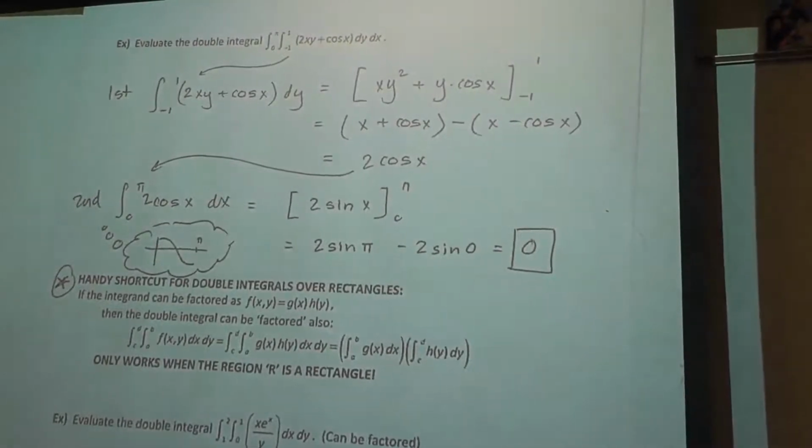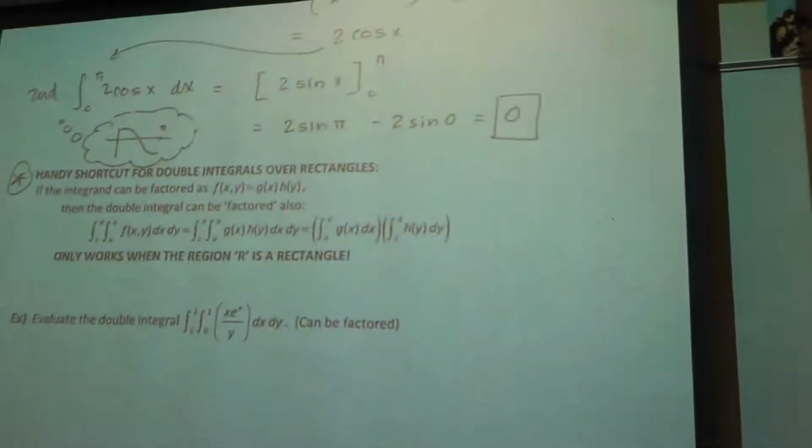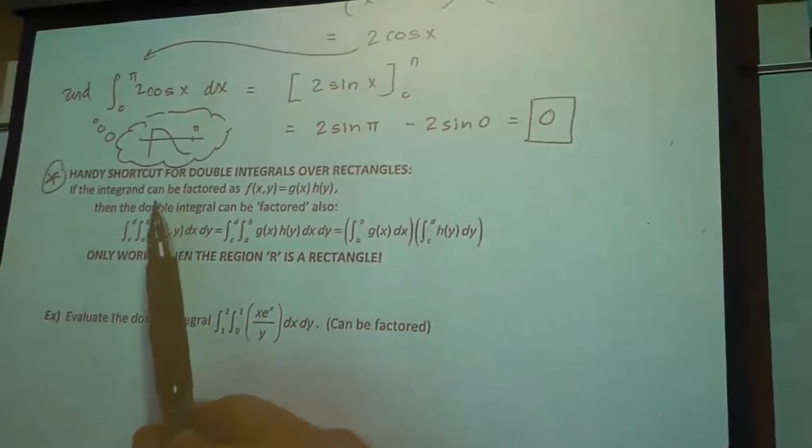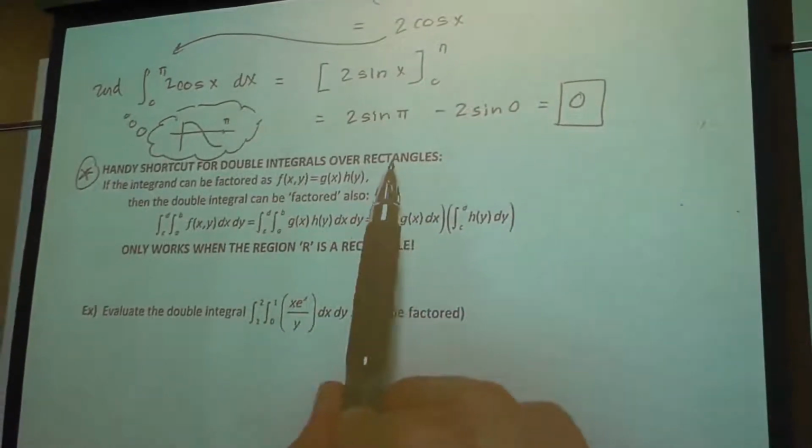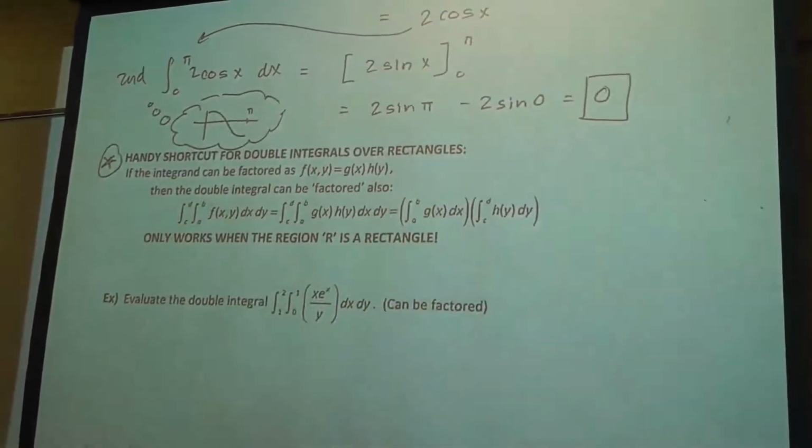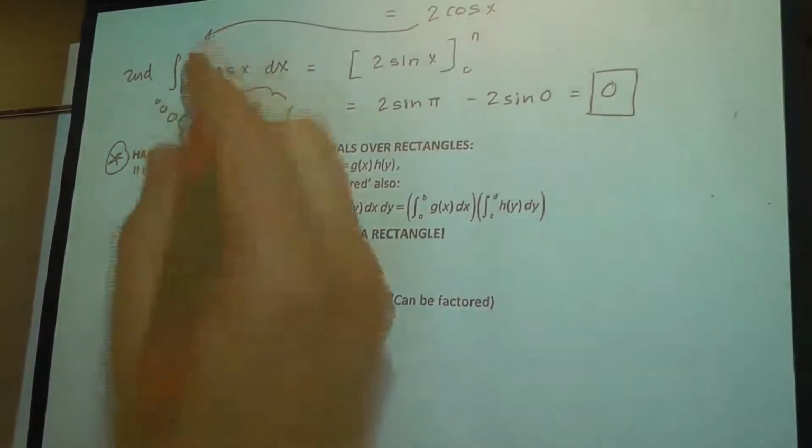But going back over this allegedly handy shortcut. Whenever your iterated integral is over a rectangle, if the integrand can be factored, that's the big contingent.